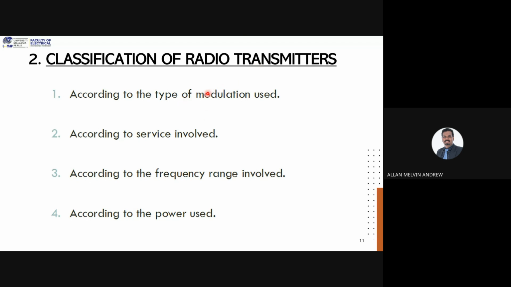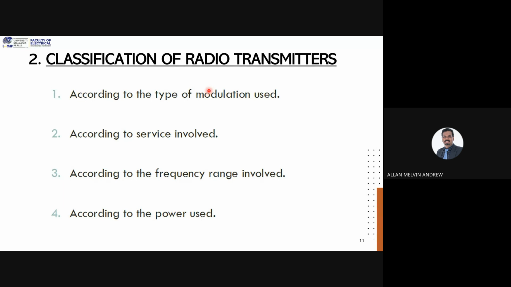So when you want to buy a radio transmitter, make sure you know what type of modulation you want. Nowadays we buy everything from Shopee or Lazada, so we go and check. In the picture it looks very big, or very fancy, but if you don't read the description and the size properly, usually at the end they will mention the size, maybe in the picture it looks very big but in the dimension it's actually small.